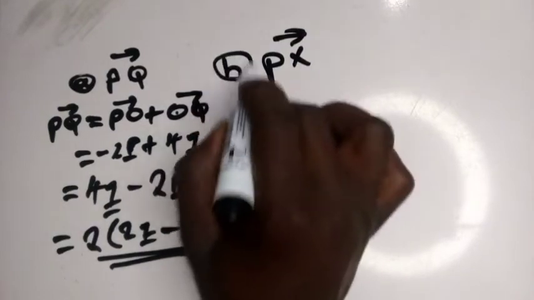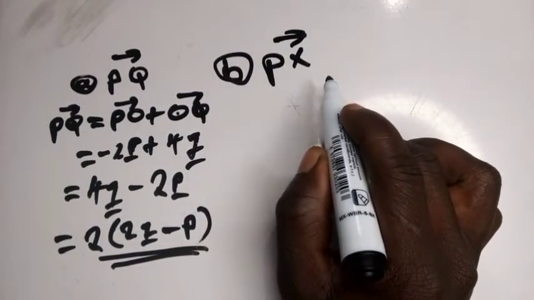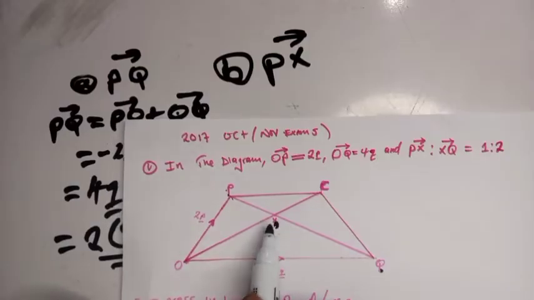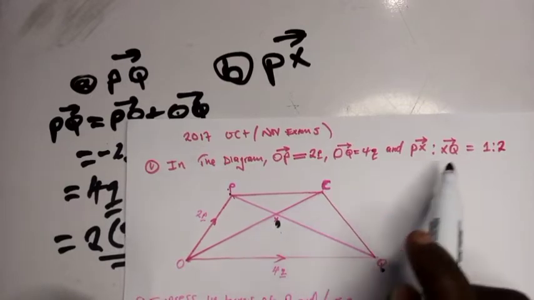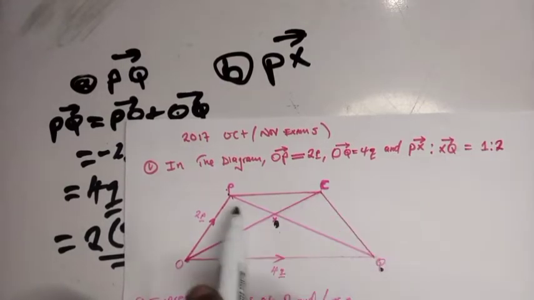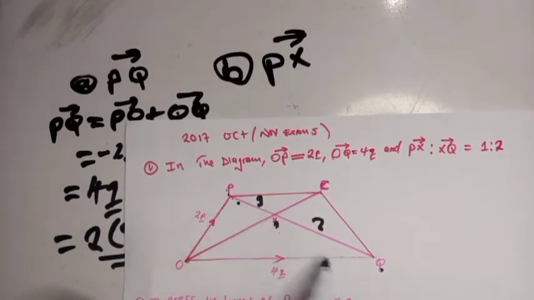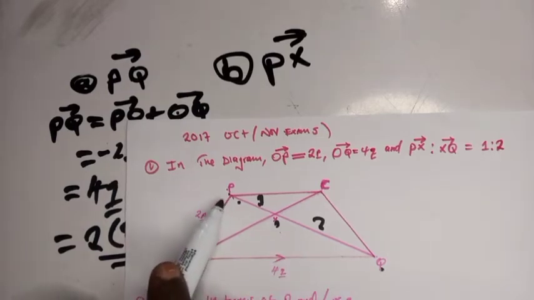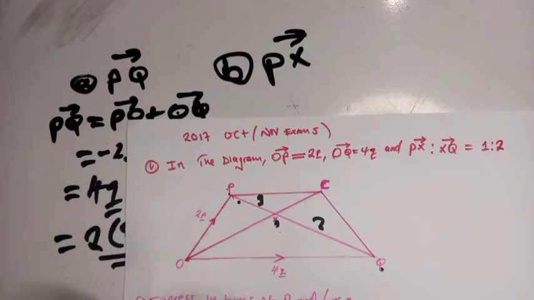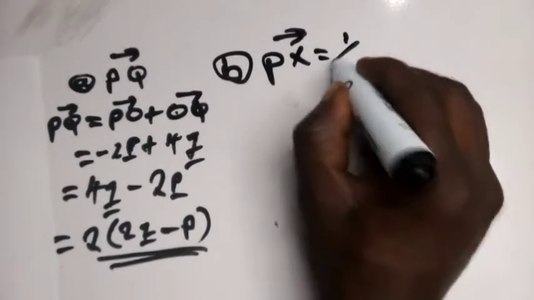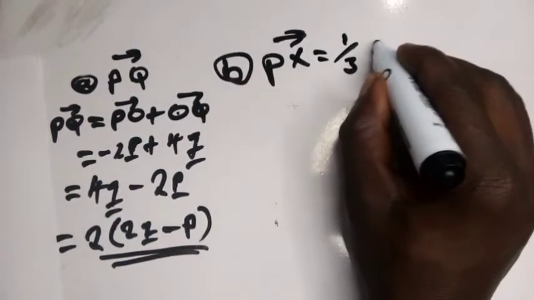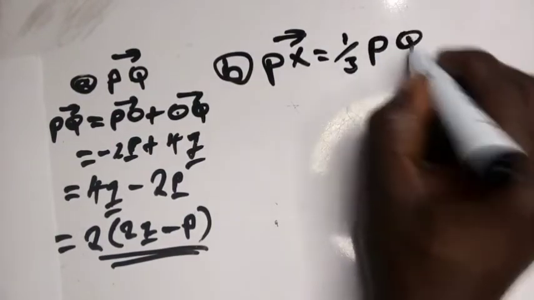PX, this is number B. PX, we are asked to find it. So PX is, and we are given the ratio, PX is 1 here, then here 2. So the whole line is 3. So it is going to be 1 out of 3 PQ.